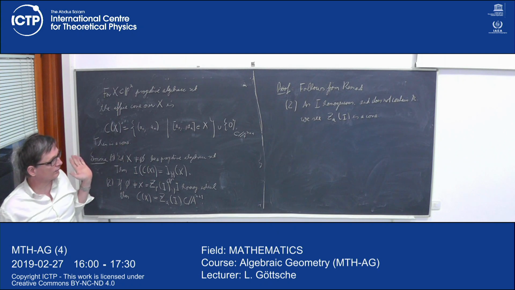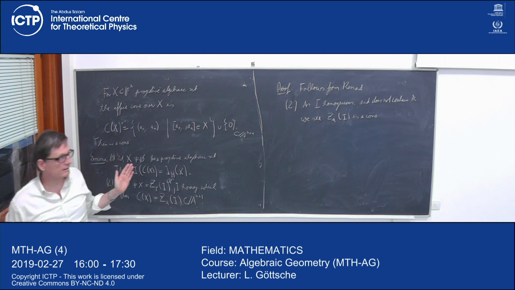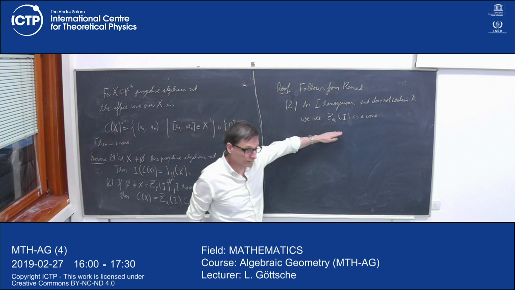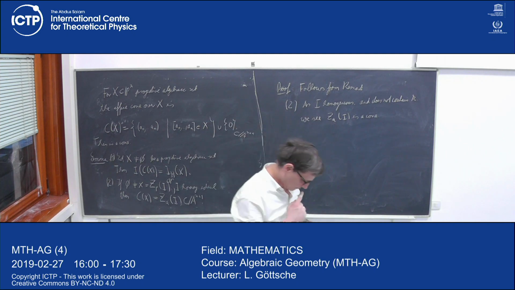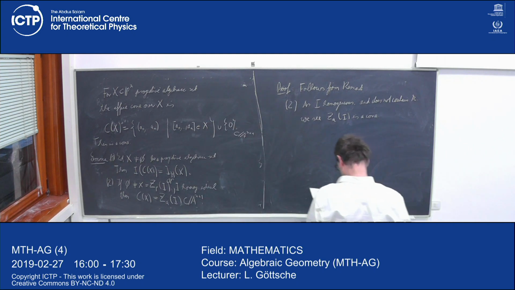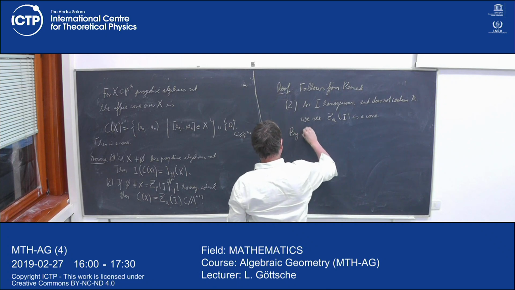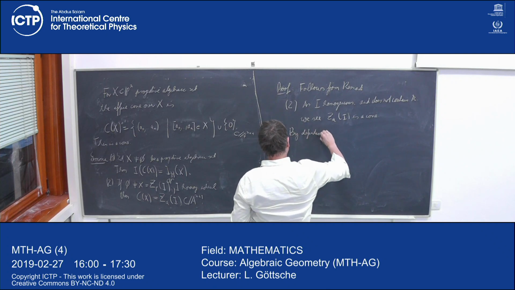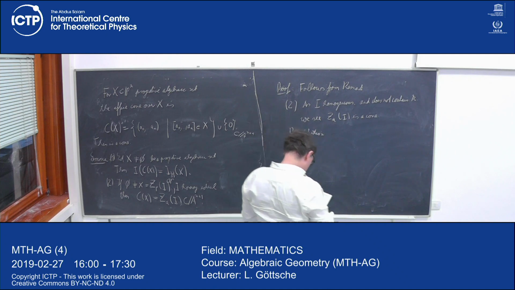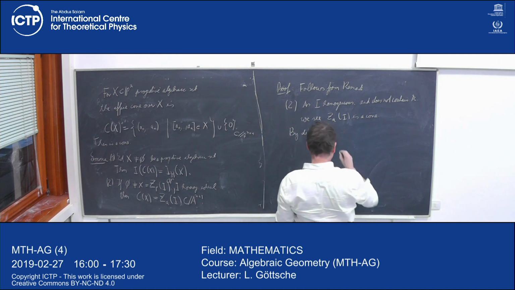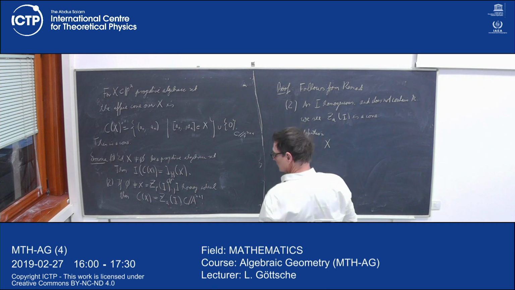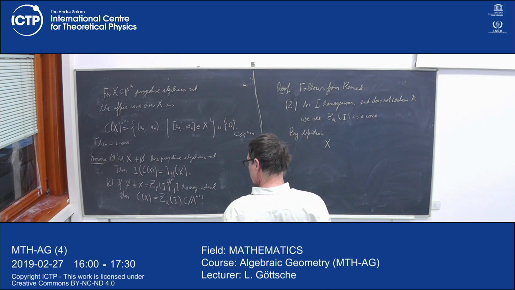So the zero set of a homogeneous ideal will always be a cone. So by definition, we have that X was the zero set of this thing.